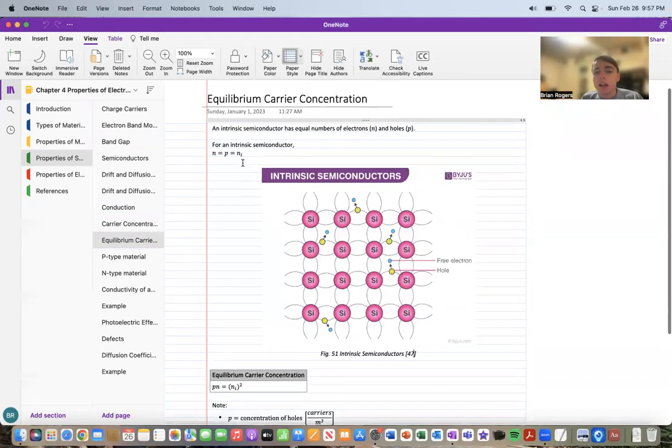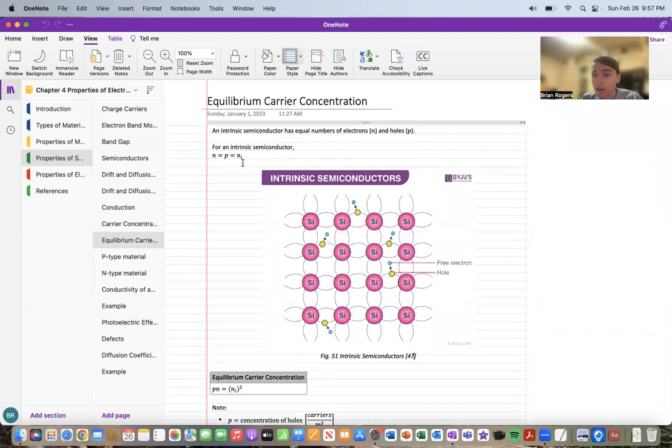Now we're going to look at the equilibrium carrier concentration. An intrinsic semiconductor has an equal number of electrons and holes. So the number of electrons is equal to the number of holes. That's the intrinsic concentration.